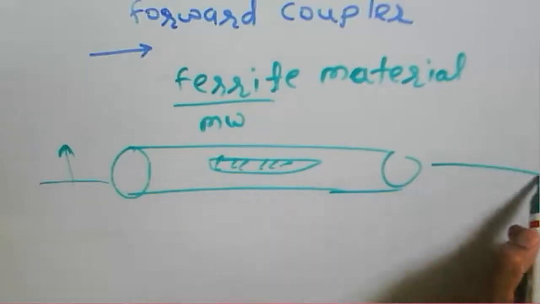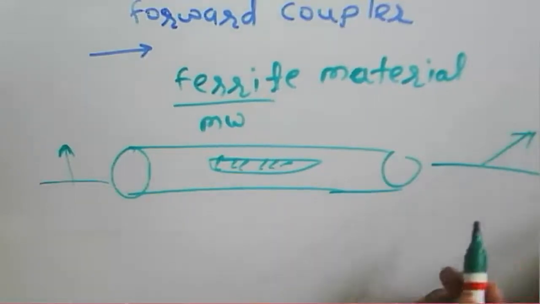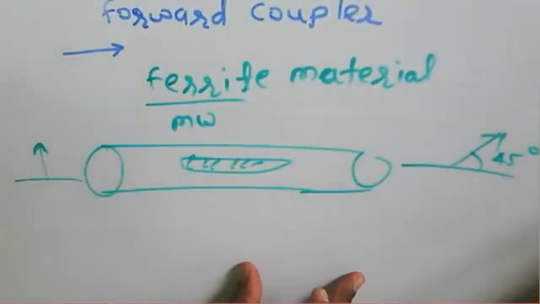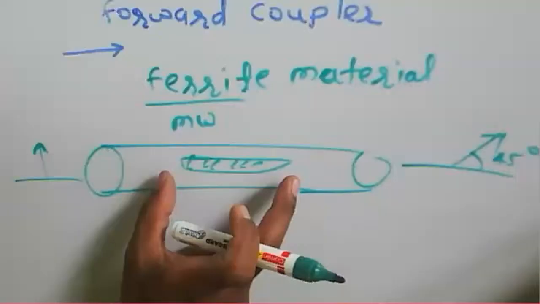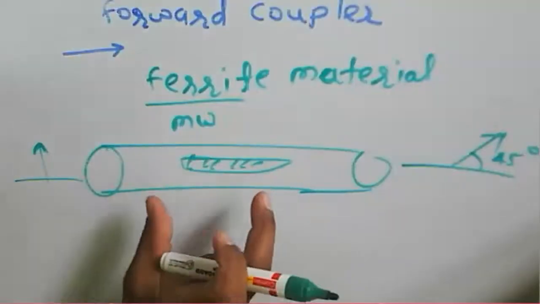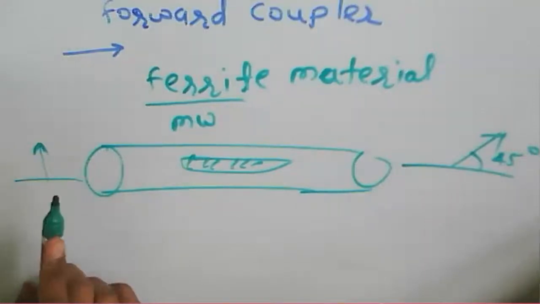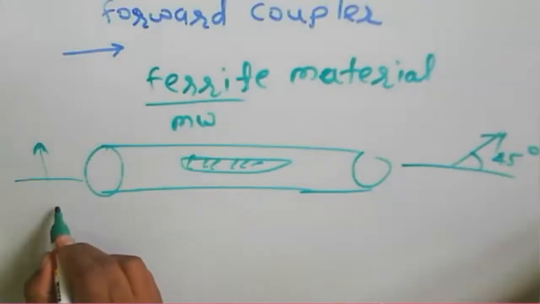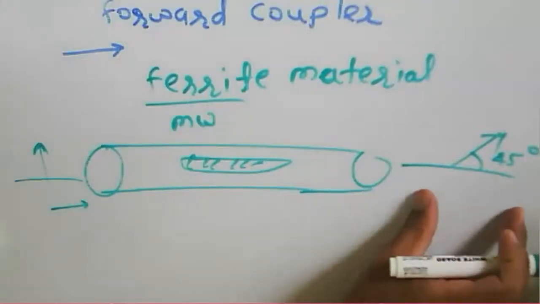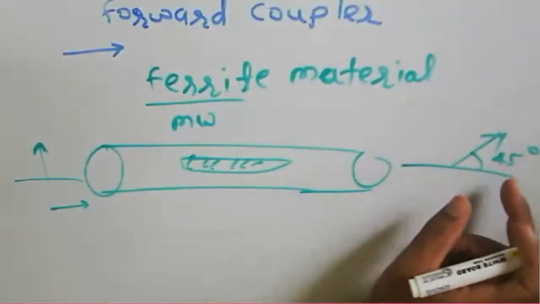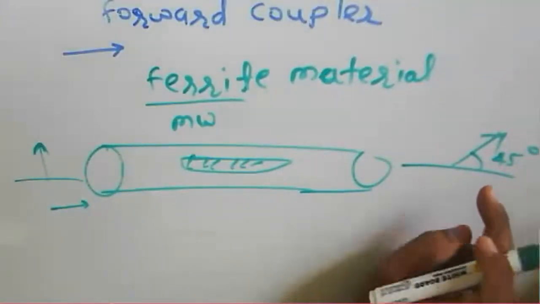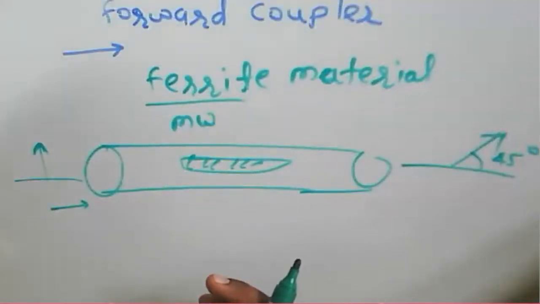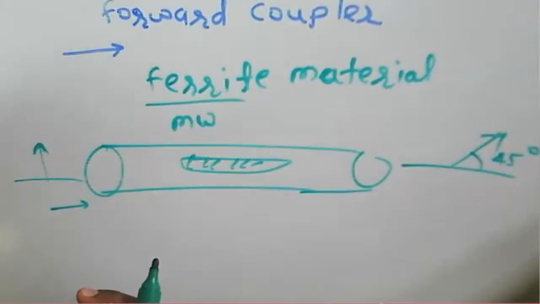When it reaches this particular point, the direction of the signal will change, whether by 45 degrees or 90 degrees. So according to the ferrite material, the polarization of the entering wave will be different from the polarization of the leaving wave. That principle is used in Faraday rotation.